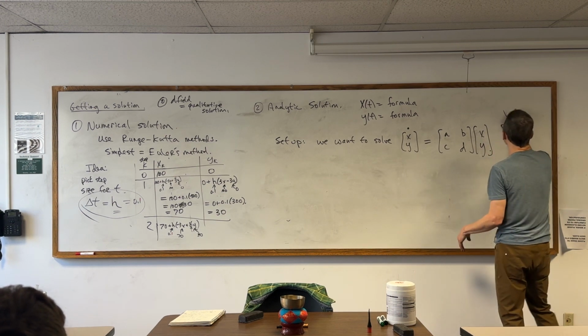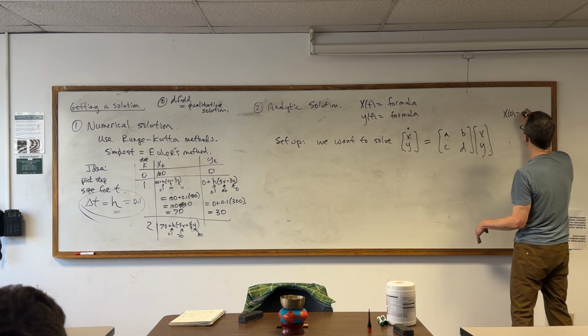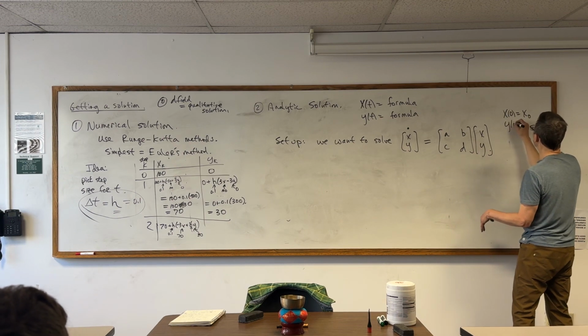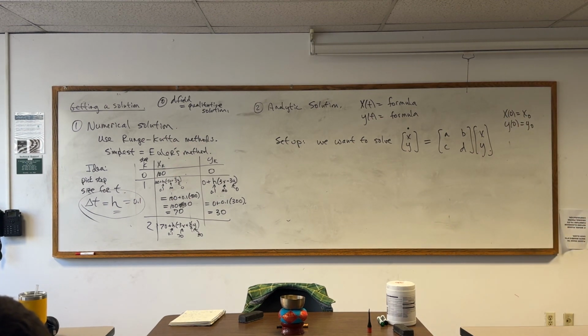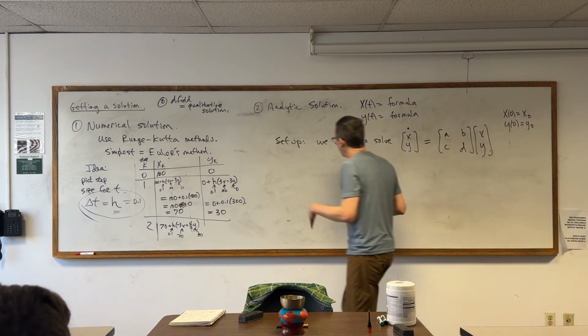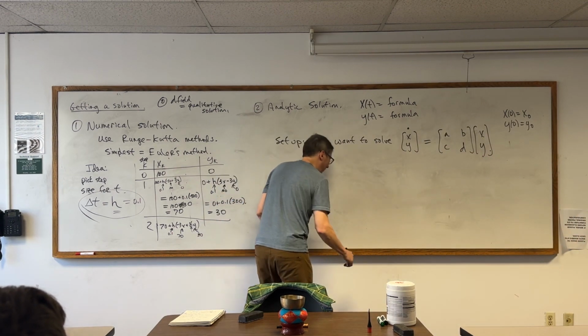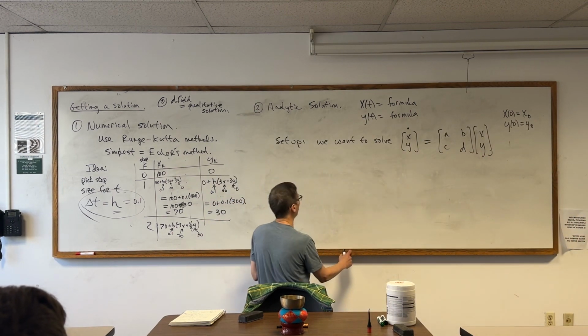And I've got some initial condition over here, x at 0 is x naught, y at 0 is y naught. This needs to start off with an observation, which is going to be a little weird. I'm just going to tell you, let's just assume this and then we'll see it works. And it'll be satisfying in retrospect if you just forget how I tossed it out there.